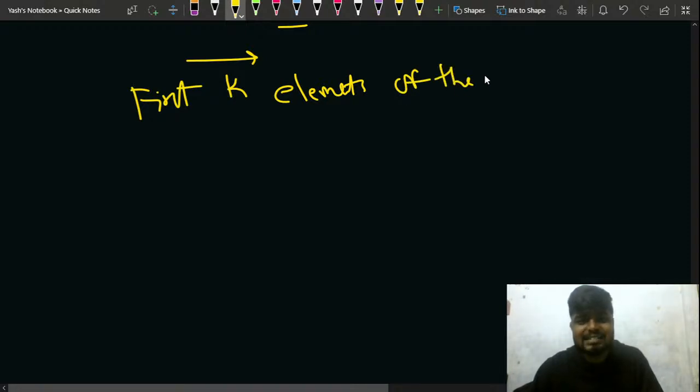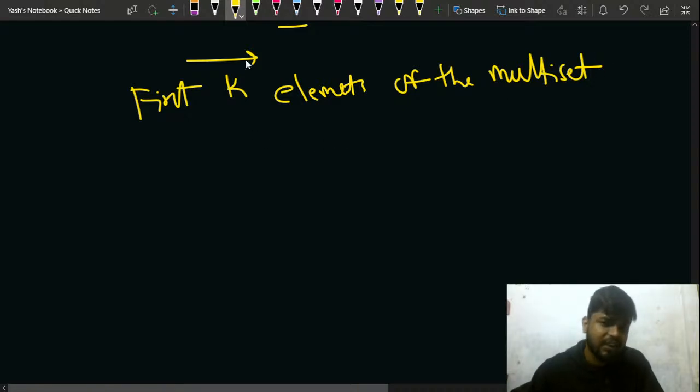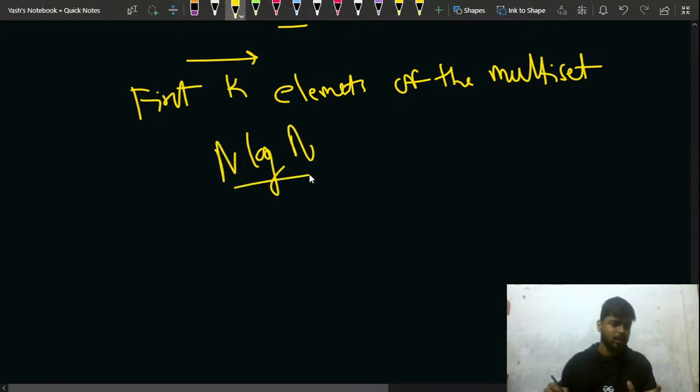So you can simply return the first k elements of the multiset, and in this way you will get the final answer. This will also take order of n log n, where n is the number of points available to you, and in this way also you can do it.